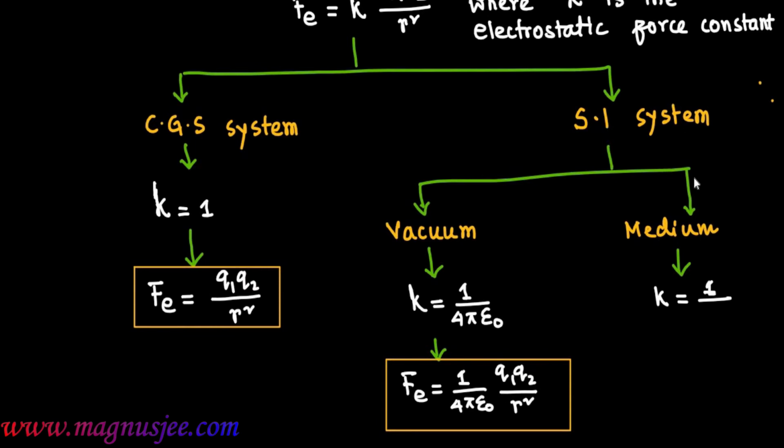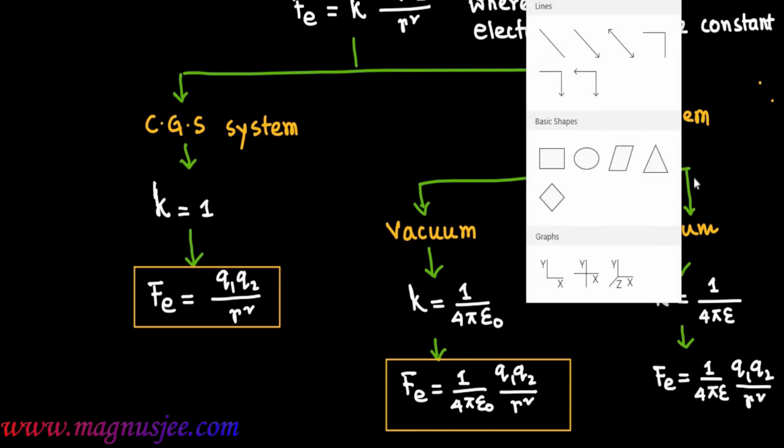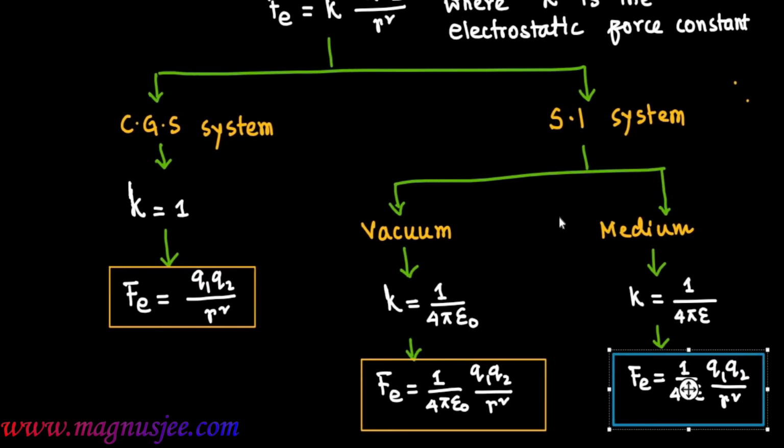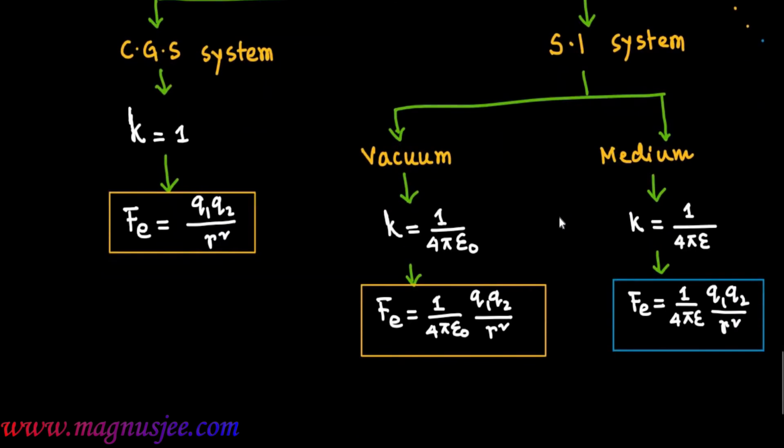In that case, the value of electrostatic force constant k is 1 by 4 pi epsilon, and Fe equal 1 divided by 4 pi epsilon Q1 Q2 by r square. This is the expression of electrostatic force of interaction acting between two point charges placed in a medium.